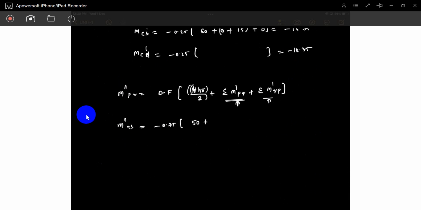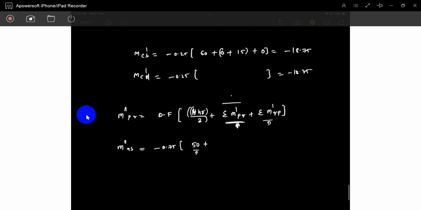Now we can observe it. M of AB, this is a story moment divided by 3. Sum of the rotational contributions of that column from the top and from the bottom. Sum of the bottom plus sum of the top.